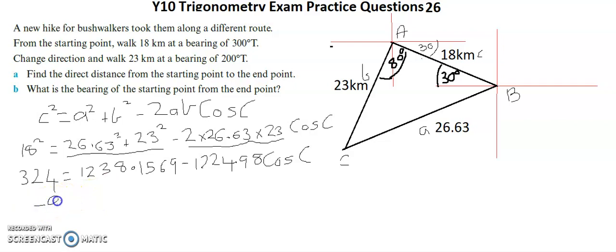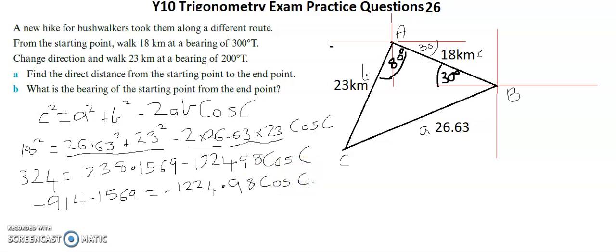That leaves me with negative 914.1569 is equal to negative 1,224.98 cosine c.